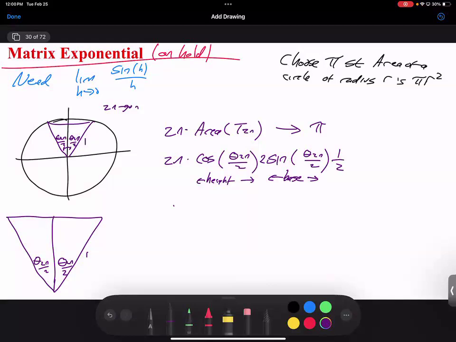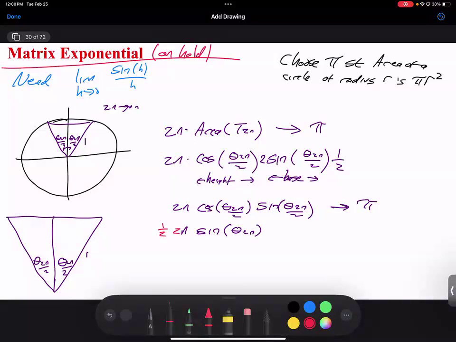So we get 2n cosine theta 2n over 2 times sine theta 2n over 2 converges to pi. Anybody recognize what we have here? Double angle formula. So this is going to be n times the sine of theta 2n. Now let's show off a little bit.